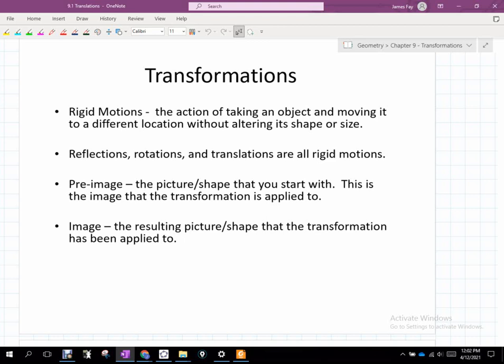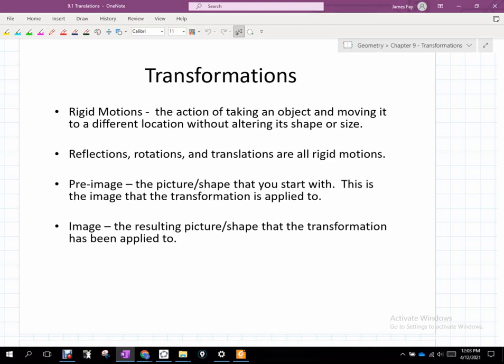Transformations, okay? We're going to have a series of transformations. We'll talk about, starting on that second bullet, reflections, rotations, and translations, okay? And those three types of transformations, okay, to transform something means to what?